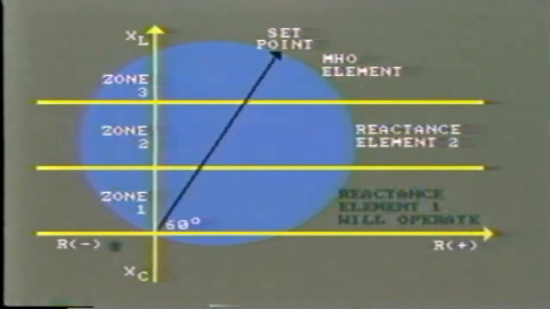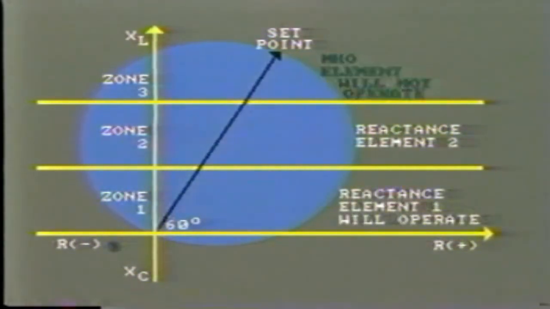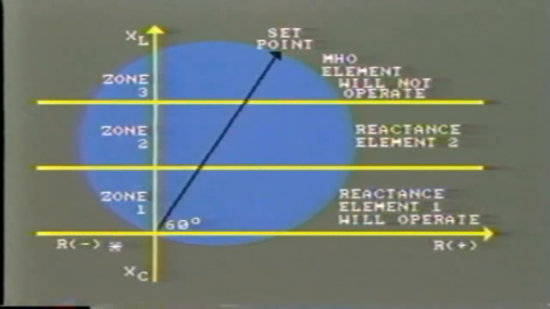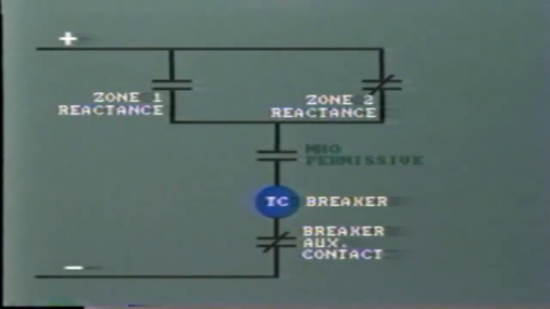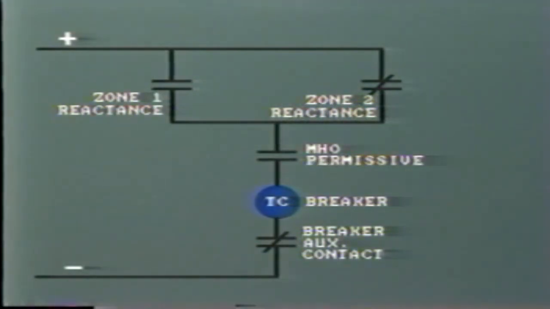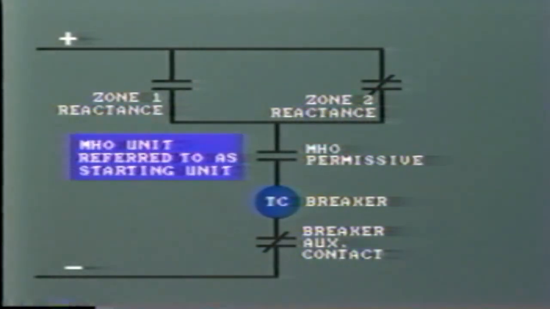But its tripping circuit will be incomplete because the Mho relay will not have operated and the permissive contacts remain open. Because of this, the Mho unit is often referred to as the starting unit, since it must operate before other units in the relay can trip out the circuit.